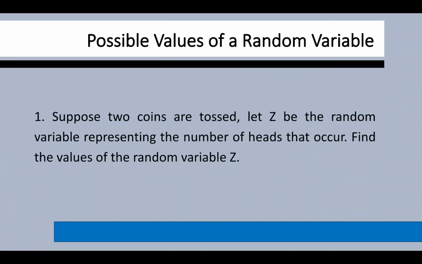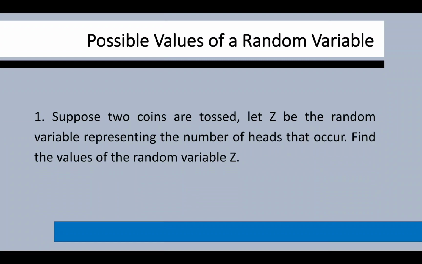Now, after identifying or distinguishing continuous from discrete random variable and illustrating a random variable by representing through real numbers, ngayon, mag-a-assign na tayo ng mga possible values of a random variable. Now, we will try to simulate how to have the random variable. Okay, let's have this first example.